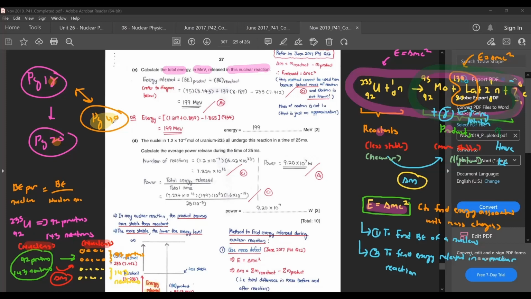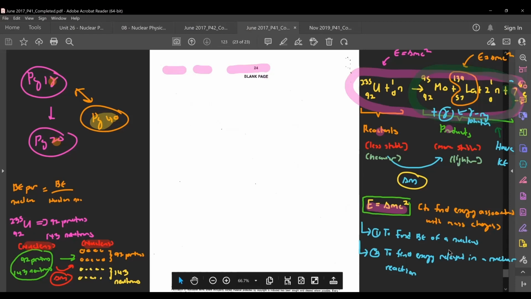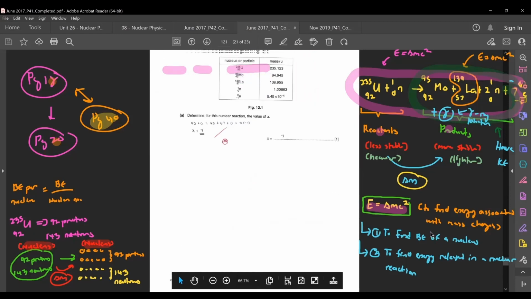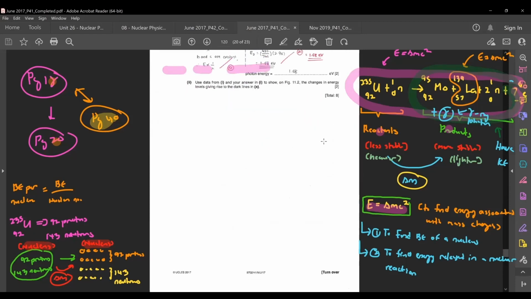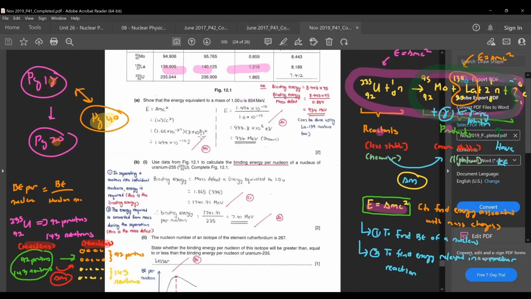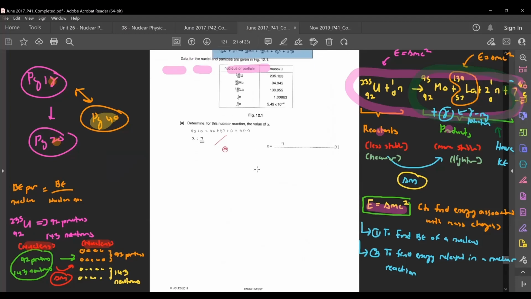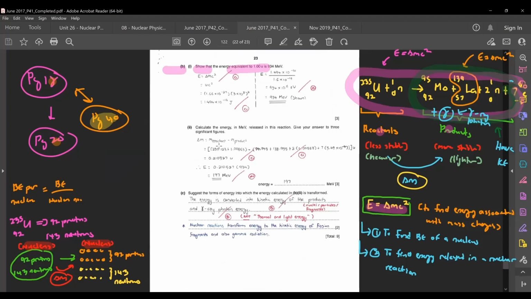This question in page 40, notice that they were talking about the same nuclear reaction as in page 18, which was this one. It was talking about the same nuclear reaction. The nuclear reaction in page 18 is this. The nuclear reaction in page 40 is also the same reaction. It's the exact same thing. And notice that they're also asking you the exact same question too.